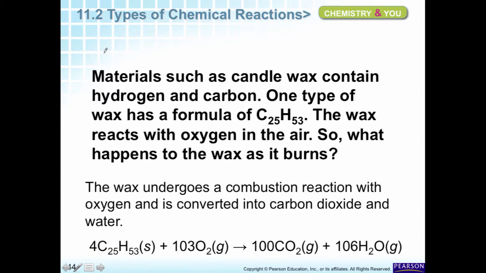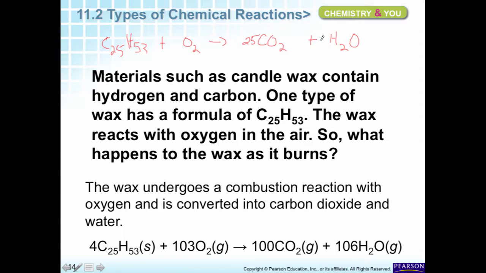All right, so we have C25H53. Waxes will have very high carbon numbers, plus oxygen, yielding carbon dioxide and water. And I'm not writing the gas and the solids and all those things. All right, so we have 25 carbons and 53 hydrogens.